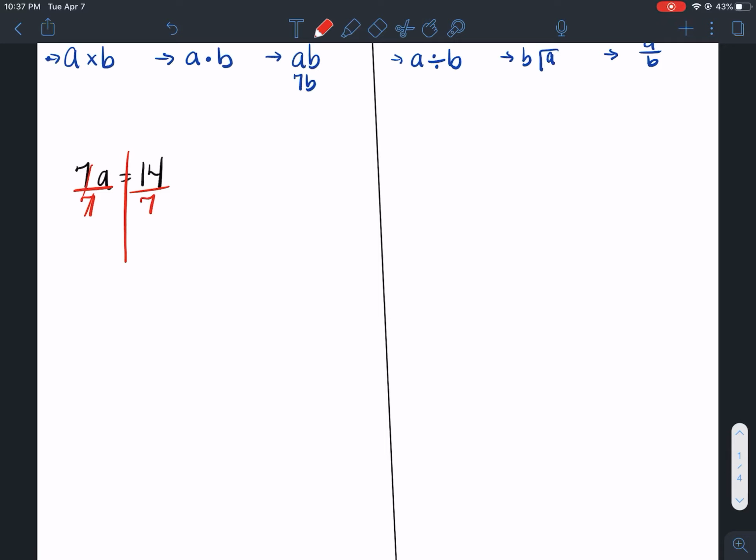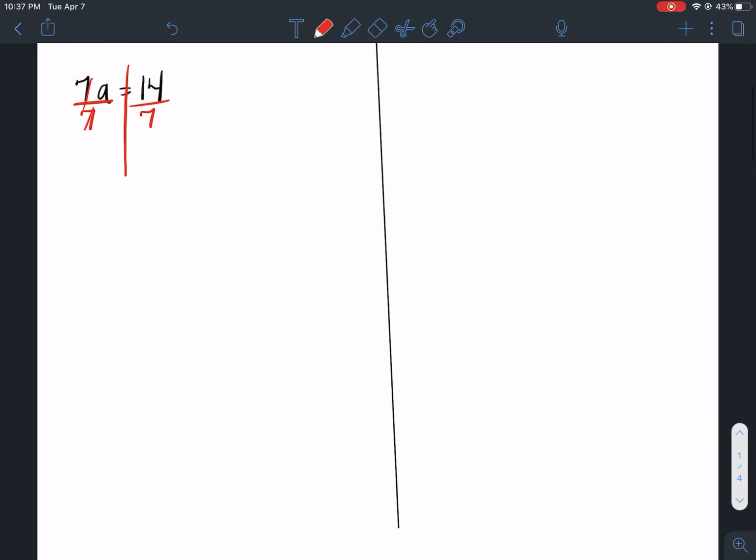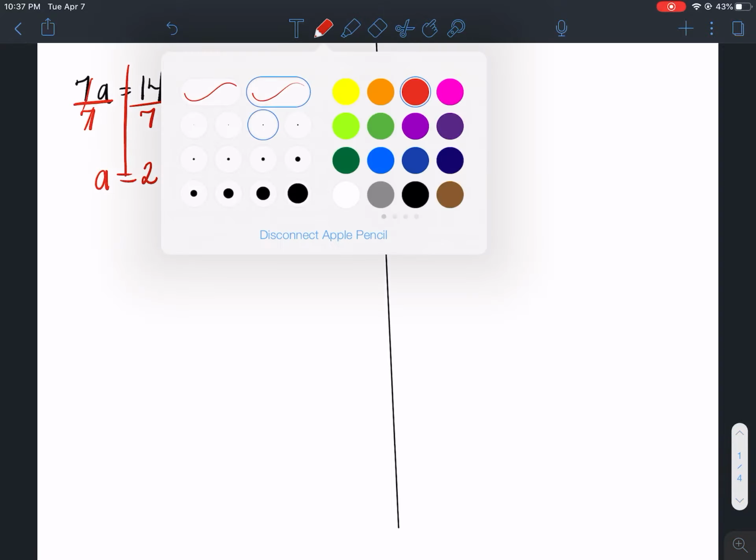When I divide 7 by 7, that gives me 1. Yesterday the goal was to get 0, so when I'm adding and subtracting, I want to get 0. But when I'm multiplying or dividing, I want to get to 1. That leaves me with A equals 14 divided by 7. What's 14 divided by 7? That gives me 2. So A is equal to 2.